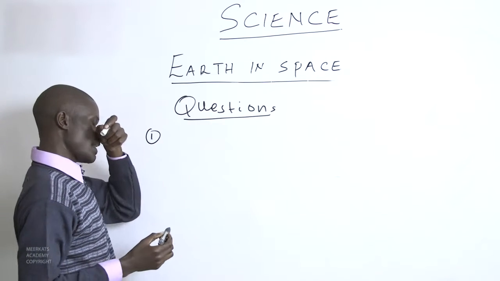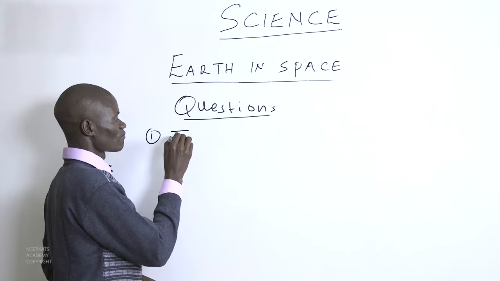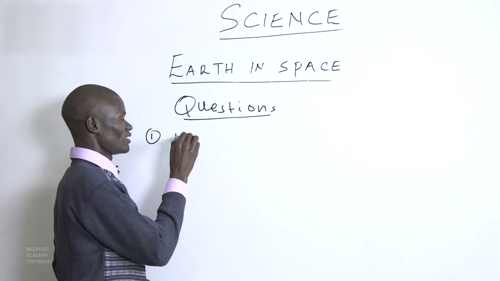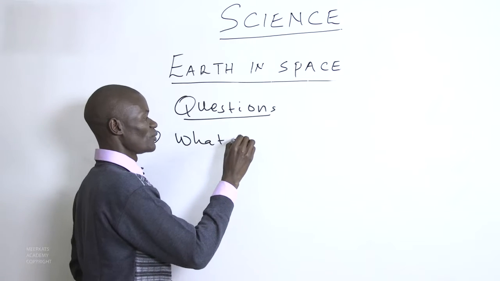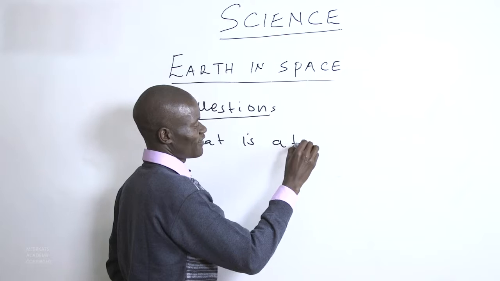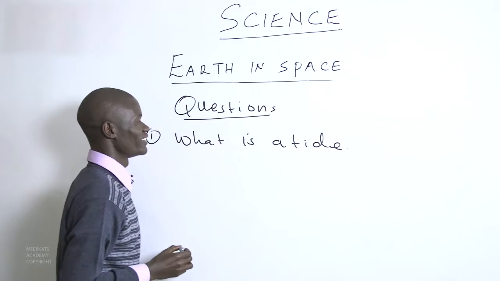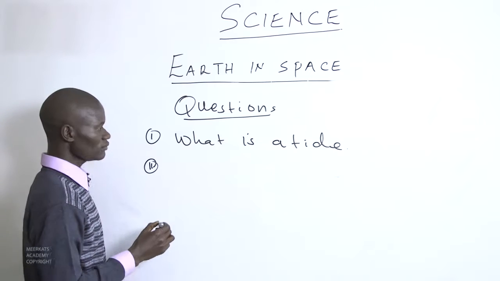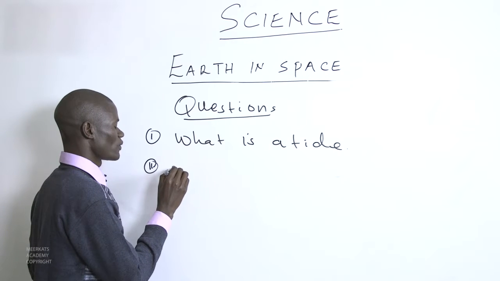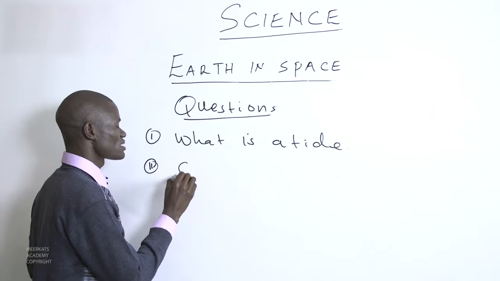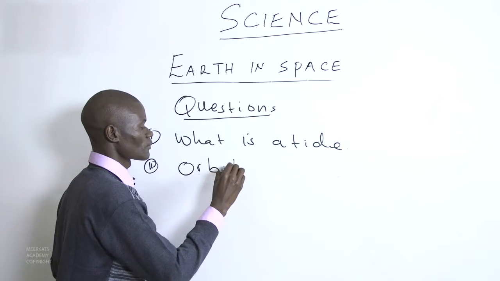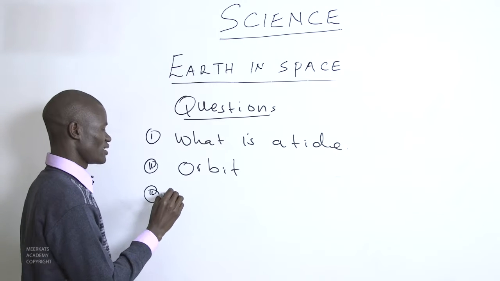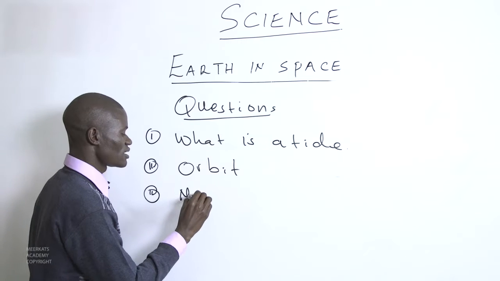We have been able to look at the tides. Then, what is a tide? The second question, we have been looking at the orbits, and then you name the movement.